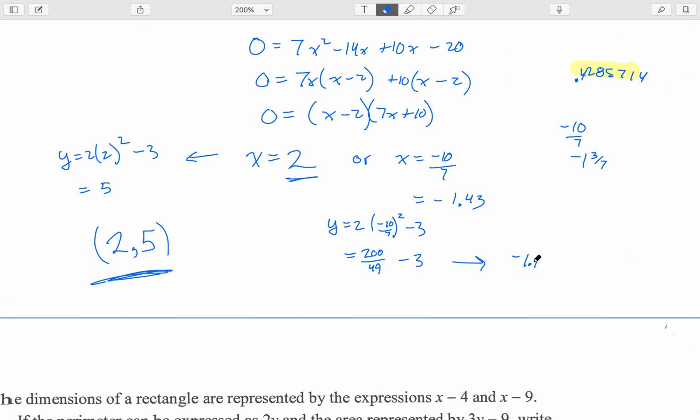Hang on, it should be positive. Yeah. So there's the x value, negative 1.43. And here's the y value, positive 1.1. So let's do that. Negative 1.43, and I think it's positive 1.1. It's really, really close to that. Okay.